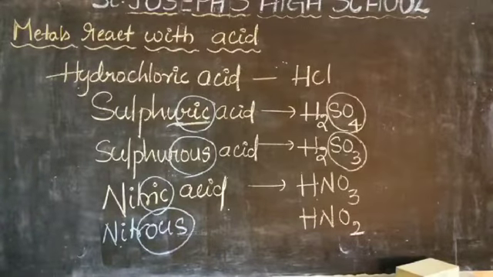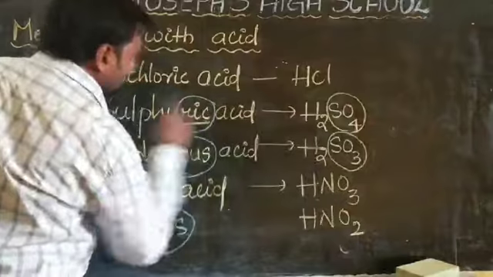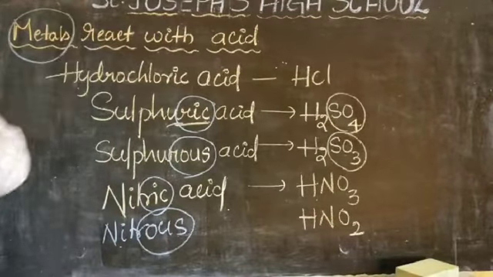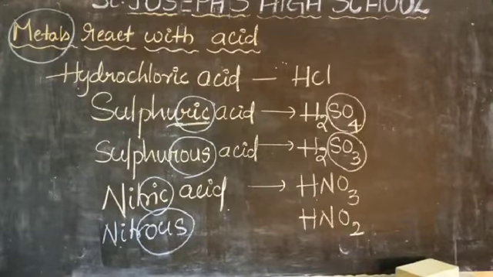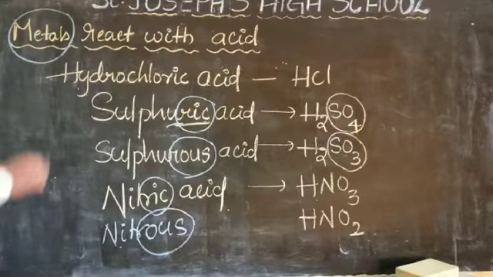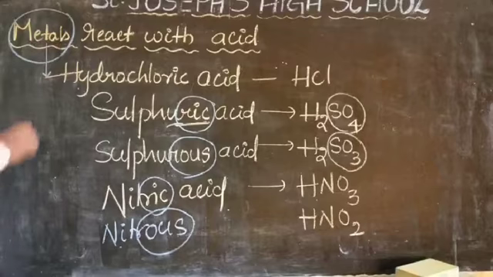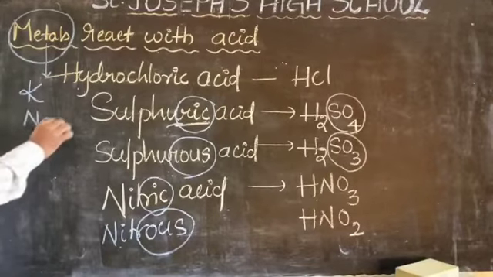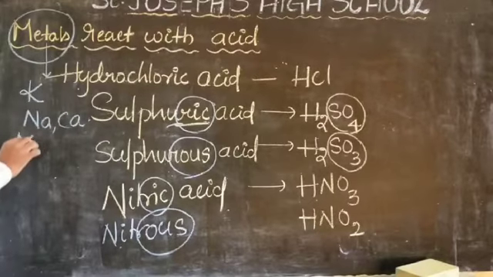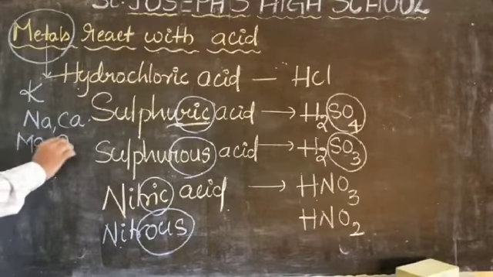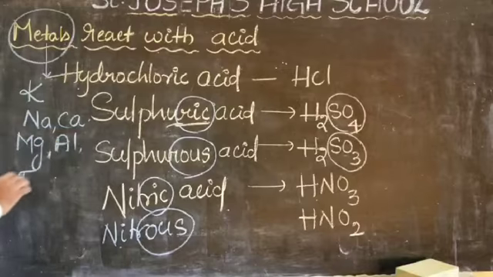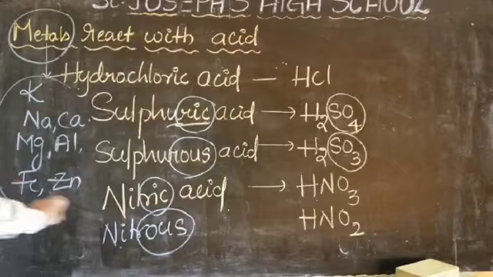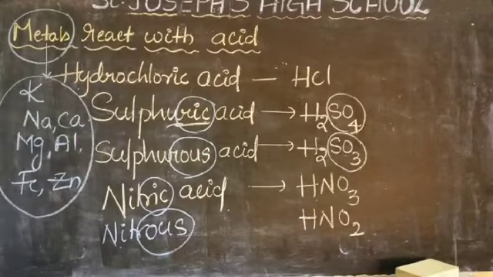Now our topic is what? When these acids react with the metals, what will happen? We already know some metals. Yesterday I wrote potassium, sodium, calcium, magnesium, aluminium, iron, zinc, etc. Some metals yesterday we learned.